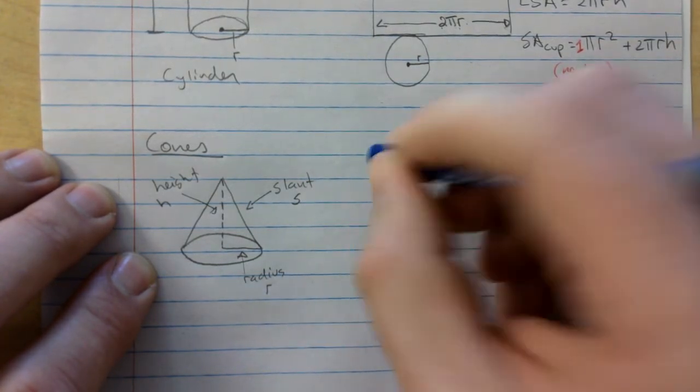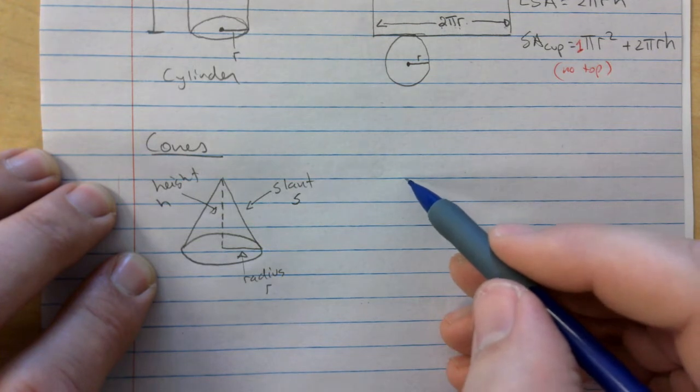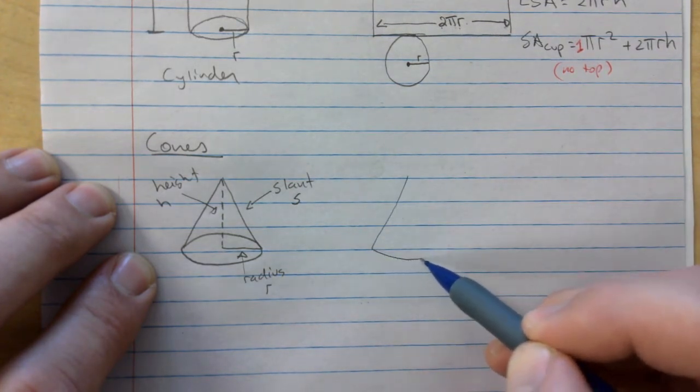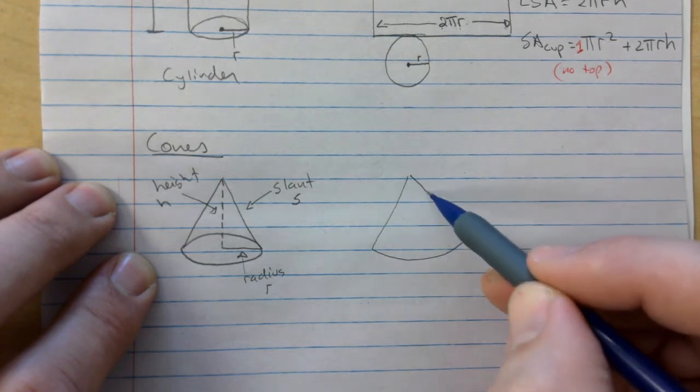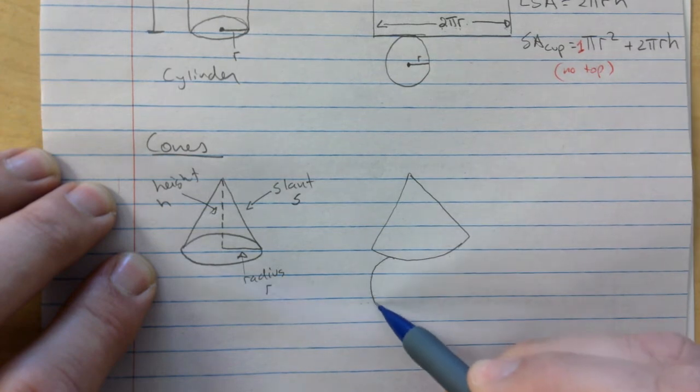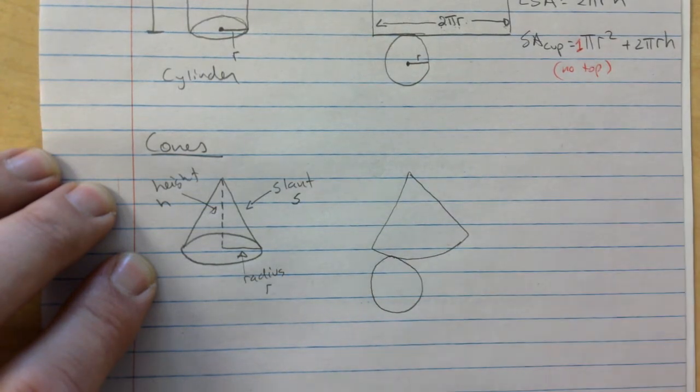A net diagram of this would look like this. And somewhere along the bottom you have the base like this.